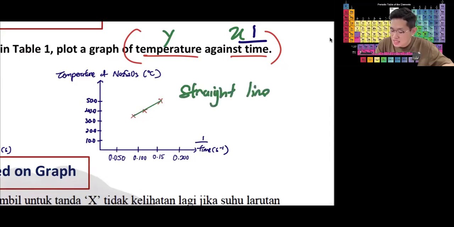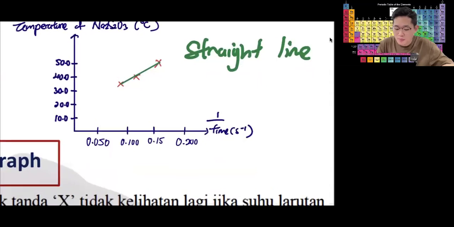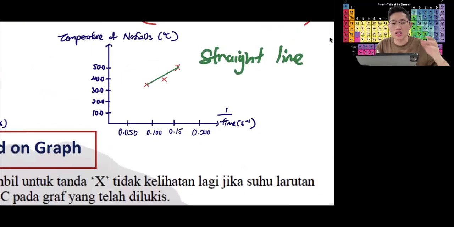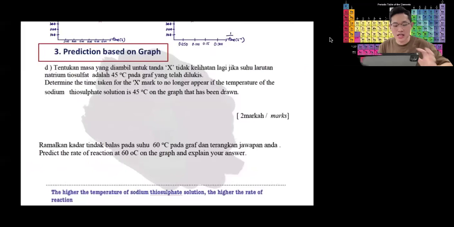This one is a straight line for 1 over time. It's actually okay if one of your points is like that, because we always draw a line of best fit for rate of reaction. So if one of your points is a bit away from the curve or the straight line, it is actually okay. Okay, next. Prediction based on graph.